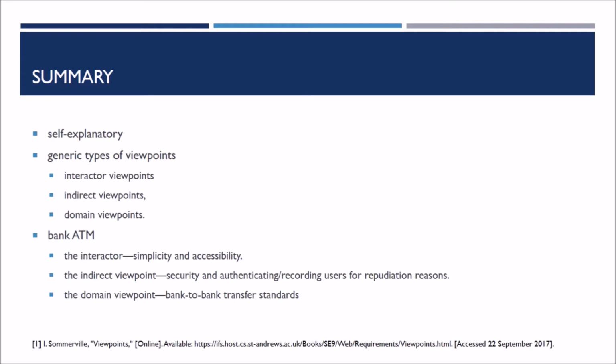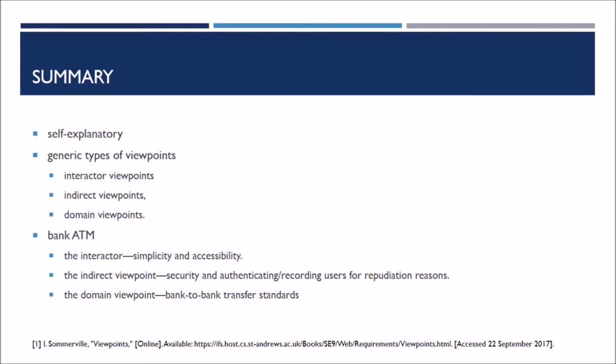The indirect viewpoint would be that of the bank manager, who, I guess you could use the ATM, but the ATM is not for him. He would have different viewpoints on the requirements, such as security. He's concerned with, is the money in the bank or in the ATM going to get stolen?